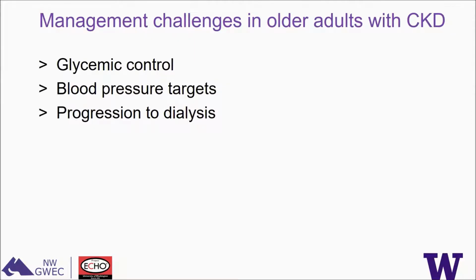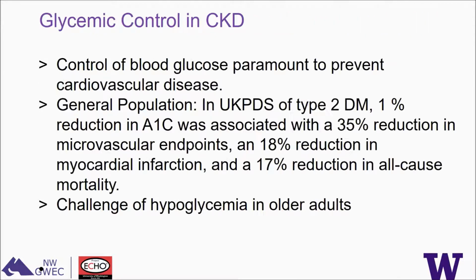The management issues in chronic kidney disease center around glycemic control, blood pressure targets, and how to prevent progression to dialysis. We'll start with the first one, which is glycemic control. It's of paramount importance in reducing cardiovascular disease risk in patients who have relatively preserved kidney function, preventing kidney function decline, and also among those that have combined diabetic kidney disease.